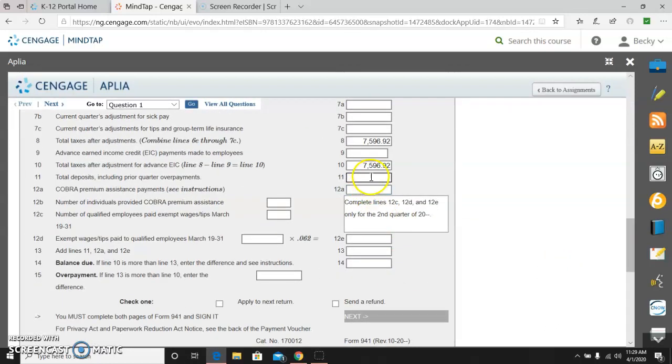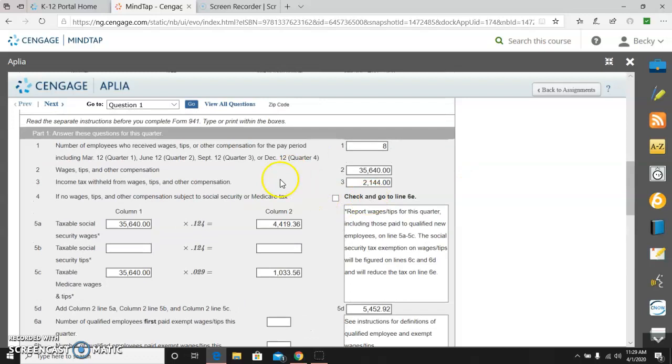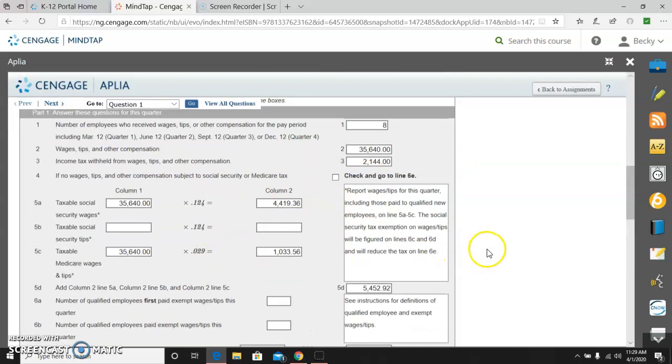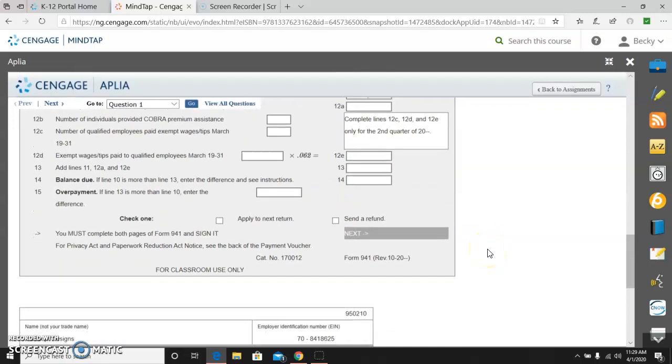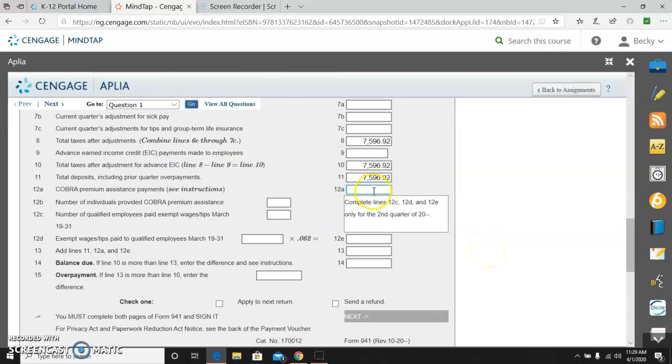And if I added that, I would put that on line 11, and it is 7596.92. And what that's showing you is that what we computed up above based on earnings is the amount that I ultimately ended up giving the government, which is a good thing.